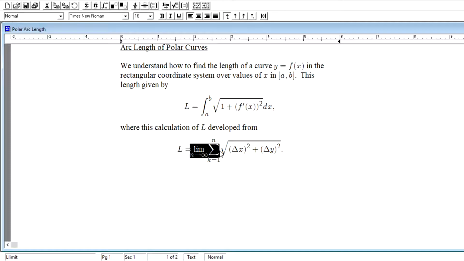Which is equal to the limit of this Riemann summation, this summation that occurred on the square root of the value delta x squared plus delta y squared, where delta x and delta y were changes in x and y with respect to the change along our curve, right? For values of x from a to b in value, all right?